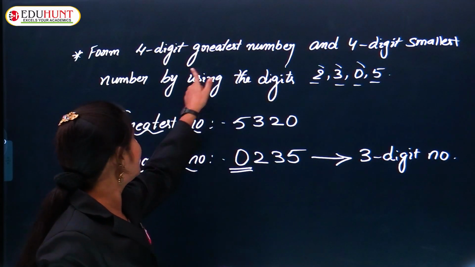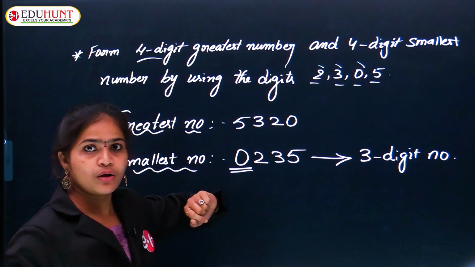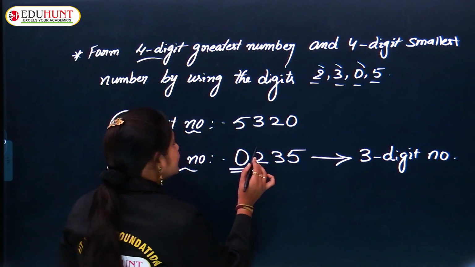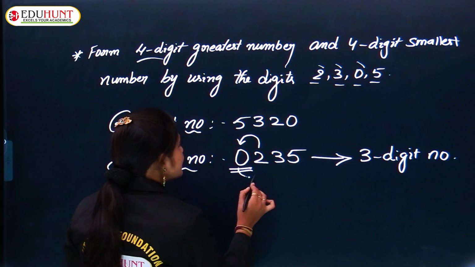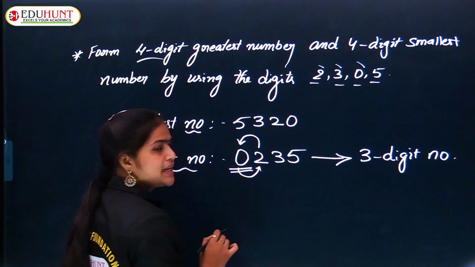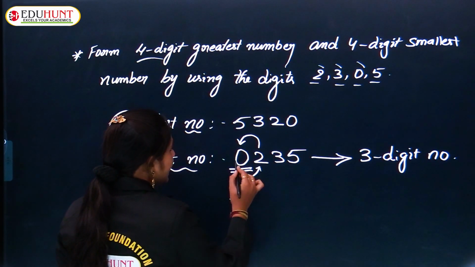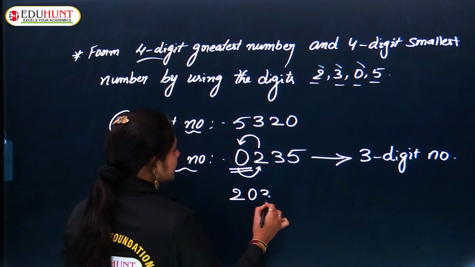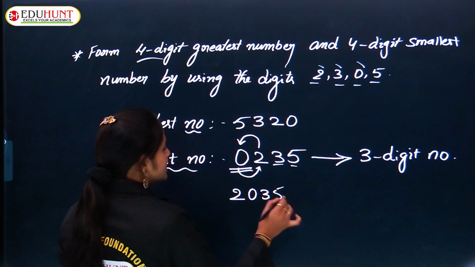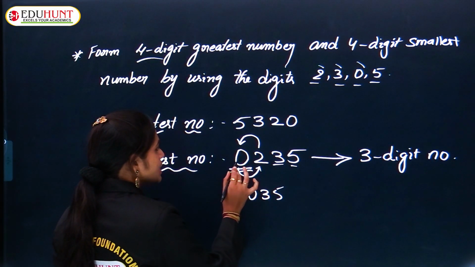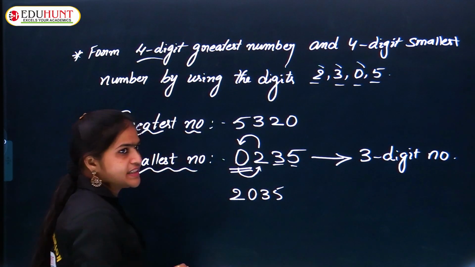But they are asking for a 4-digit number, no? That's why, to change that, interchange the first and second place value digits. Just write 2 before and write 0 here. 3, 5. The remaining digits you write as they are. Always just change the first digit and the next digit.